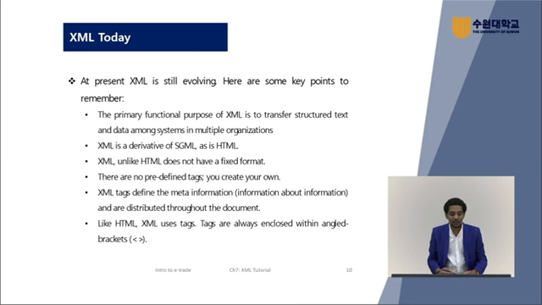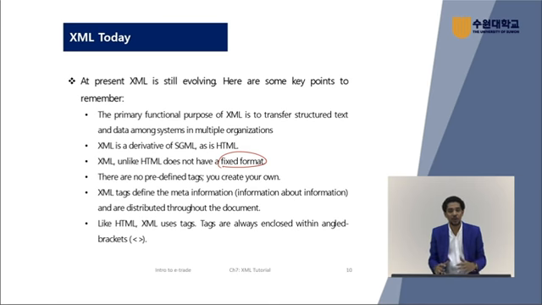The other important thing you have to know is XML is interoperable and portable, okay, better than HTML and SGML. So XML, unlike HTML, does not have a fixed format, right? Because in XML we can define our own tags. So there are no predefined tags in XML, right?